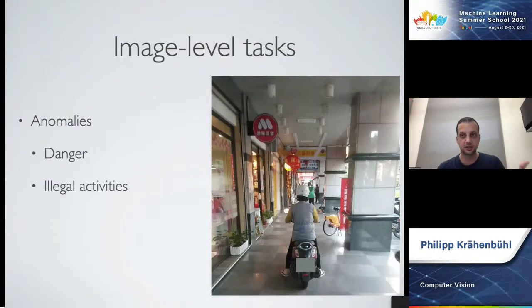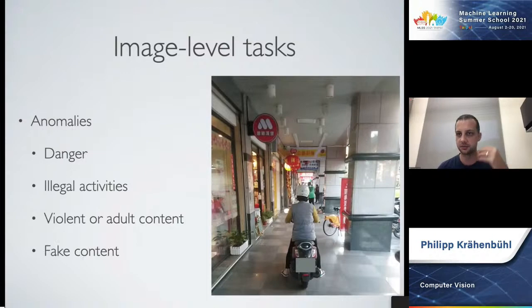Is there violence or adult content that you should not show to children? Google, for example, does this very well. In their image search, they will have a filter that filters out any violent content so that you're not exposed to it. And then finally, detecting fake news, or fake imagery, is another big image level task.